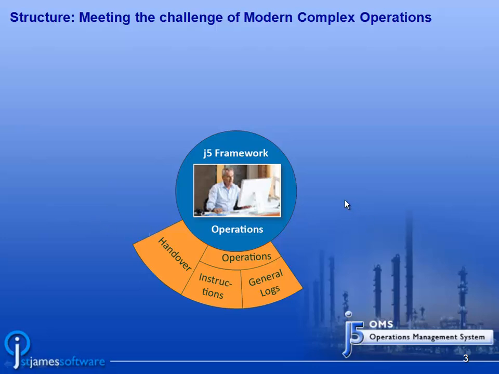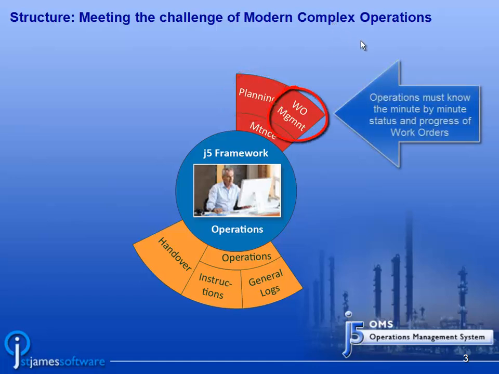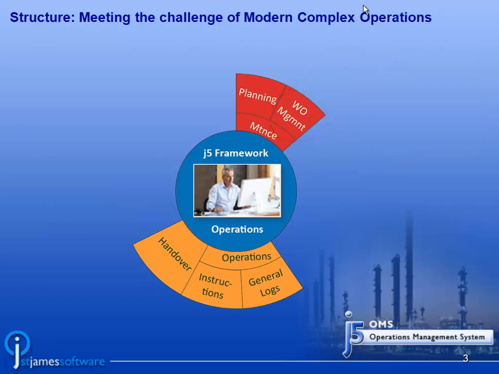Another important set of processes in operations is maintenance. Here we cover the planning of maintenance tasks, either directly or in tandem with the CMMS, and also the management of work orders. Operations must be in sync with these processes, and we must know the status of the work orders.